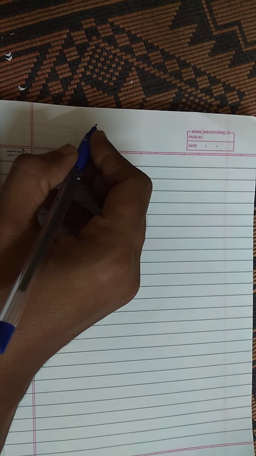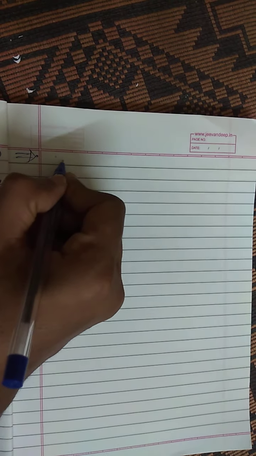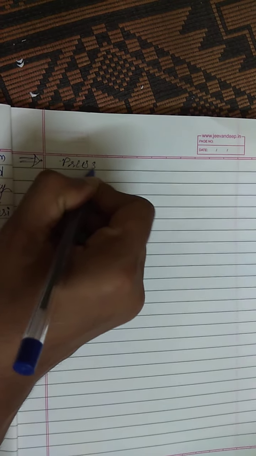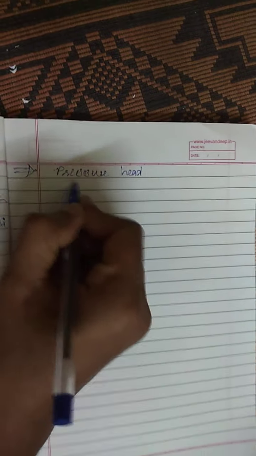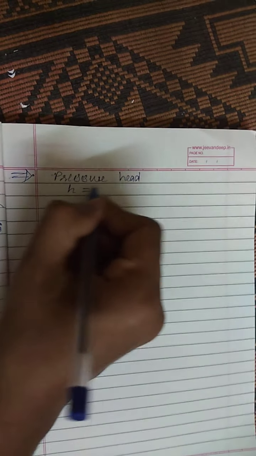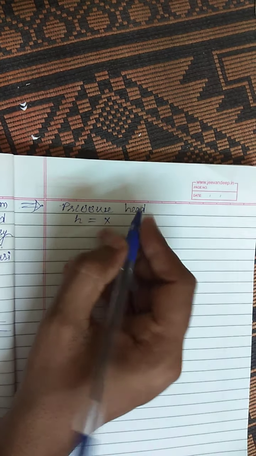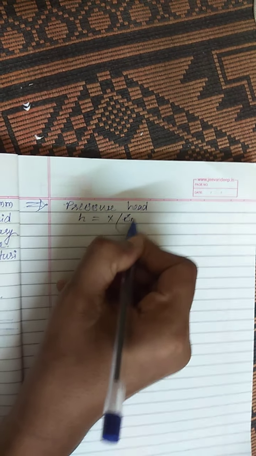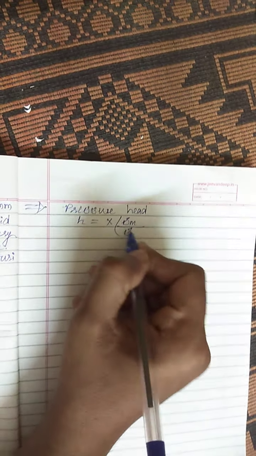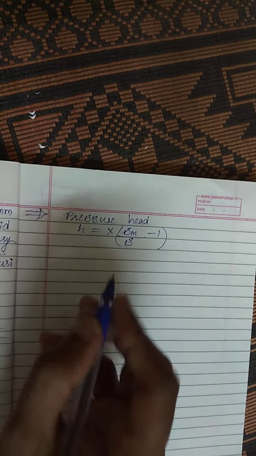First of all, we need to calculate the pressure head of the Venturimeter, or you can call it the head loss, small h. h is equal to x into specific gravity of mercury divided by specific gravity of liquid, minus 1.